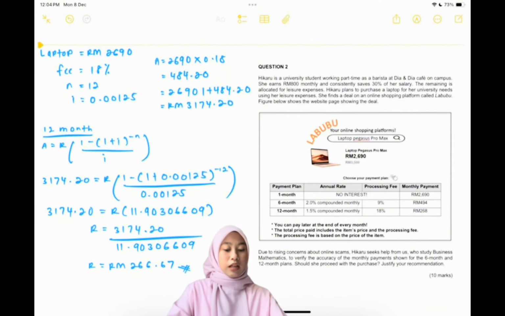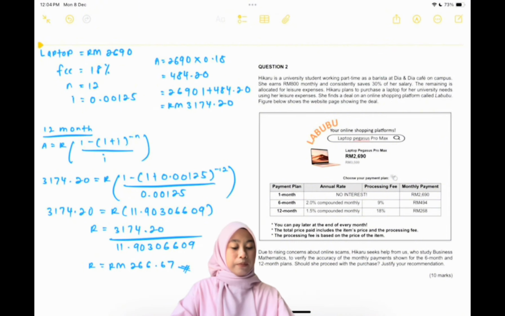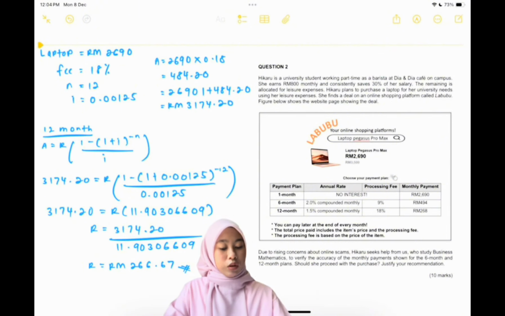For 12 months, we also need to identify information from the passage. The original price for the laptop is RM2,690, fee is 18% and N is 12, and I is 0.00125. We need to find A. A equals 2,690 multiplied by 0.18, and the answer will be added to the original price of the laptop, and we get 3,174.20.